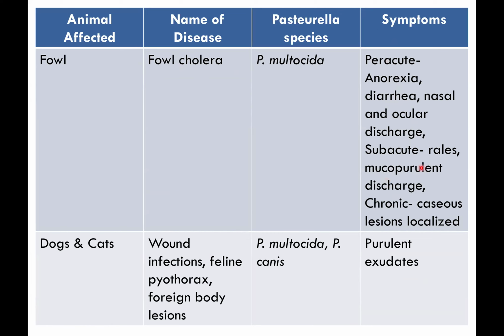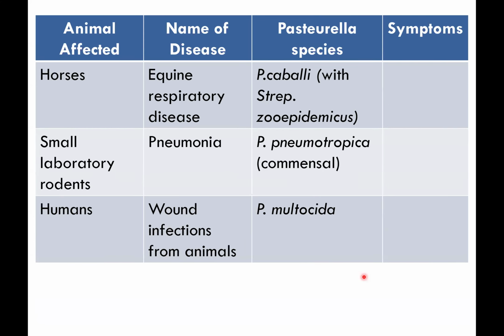In subacute cases, there are rales and mucopurulent discharge, and in chronic cases, there are caseous lesions. In dogs and cats, Pasteurella can cause wound infections, pyothorax, and foreign body lesions. Mostly there are purulent exudates.